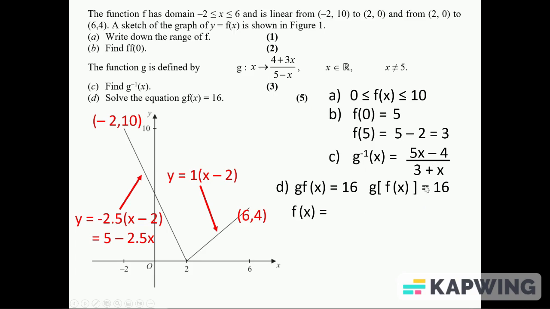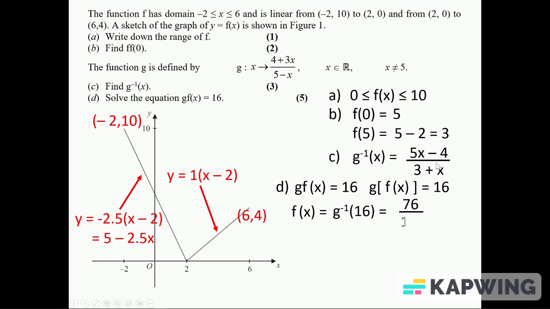So I can actually write this as f of x is g to the -1 of 16. If I do g of this and get 16, to get this, I need to do g to the -1 of 16 because it's the inverse function. If I do g of this and get 16, I do g to the -1 of 16, I get f of x. And I can put 16 into here.